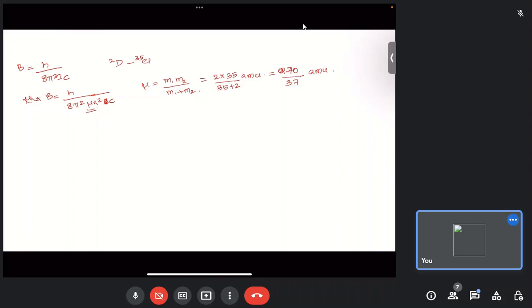Now we have to convert this to kilograms. So this is going to be 70 divided by 37 into 1.67 into 10 to the power minus 27 kilograms. So 70 divided by 37 into 1.67 is 3.15 into 10 to the power minus 27 kilogram.